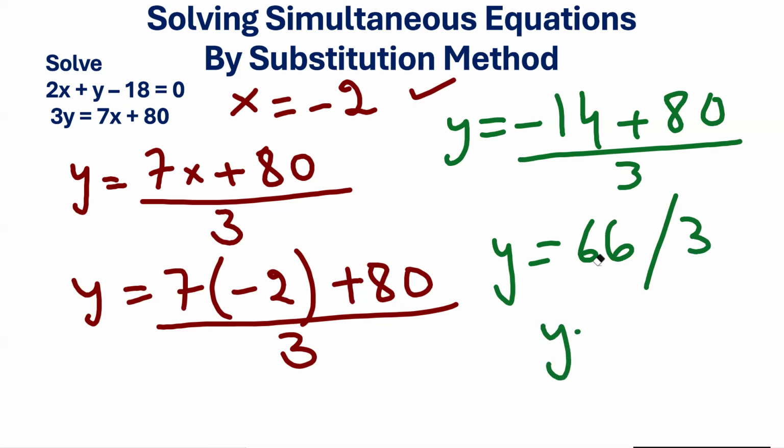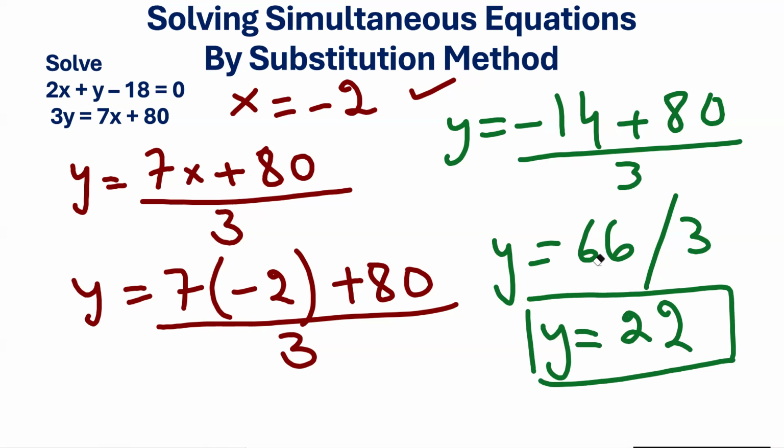So 66 divided by 3 will give you 22. This is the value of y. Y is equal to 22 and x is equal to minus 2. This is the solution set: minus 2, 22. Now let's verify our answer.